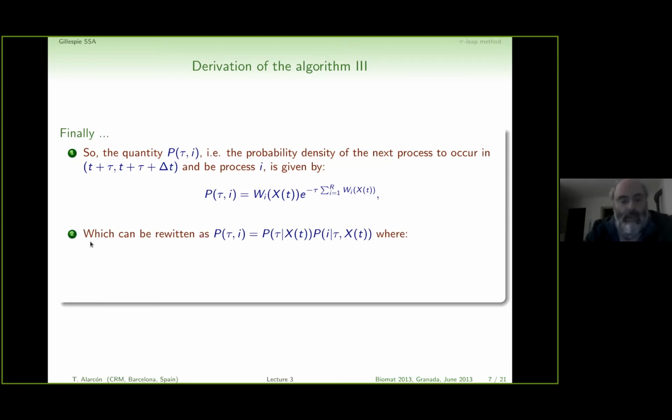So this quantity, this p of tau I, can be rewritten in this way. This is the probability that, conditioned to the state of the system at time t, the waiting time is tau, and then the probability that, conditioned to the state of the system at time t and to the waiting time being tau, the next event to occur is event I.